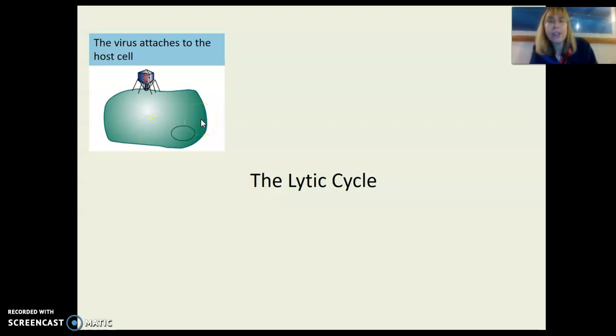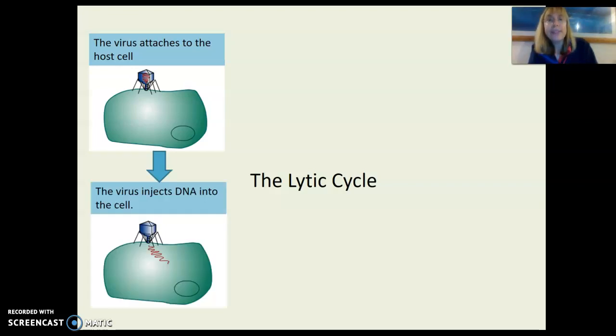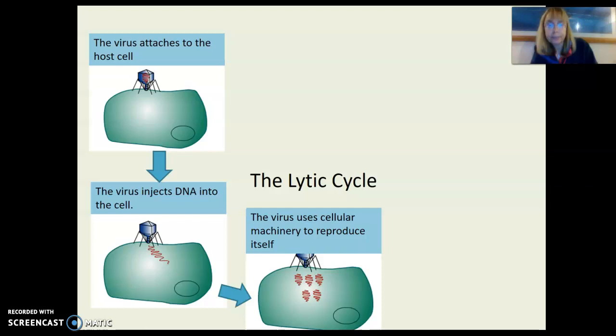So the virus attaches to the host cell, and then what the virus does is it has a way of injecting all its DNA into your cell. So the red part is the virus's DNA that's now inside your cell.